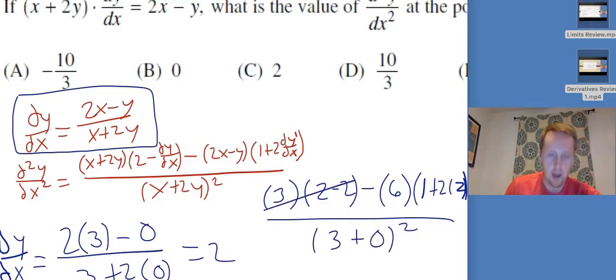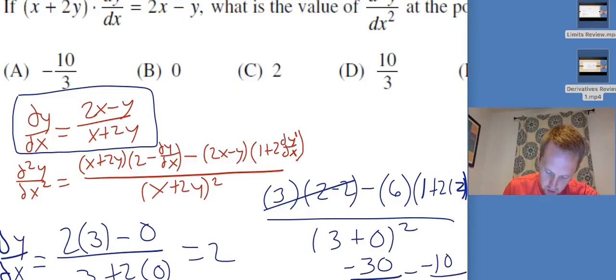So this part goes away, because 2 minus 2 is 0, and then minus 6 times 5 is negative 30 over 3 squared is 9, which simplifies to negative 10 over 3.